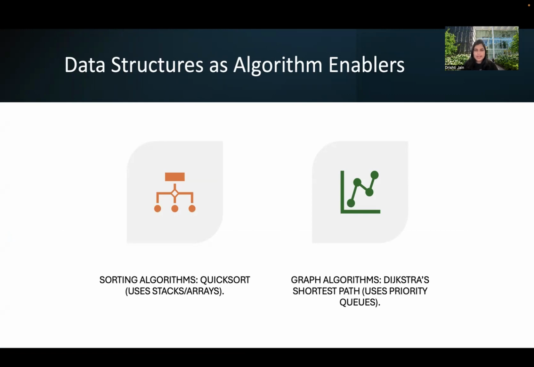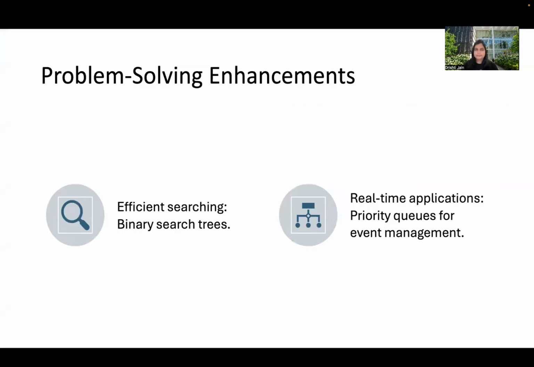So it helps you implement an algorithm and you're able to store elements of your algorithm very well using a data structure. In case of graph algorithms, think of priority queues, which are used in Dijkstra's shortest path. All of these are graph algorithms, and the thing that powers any efficient algorithm is good data structures.